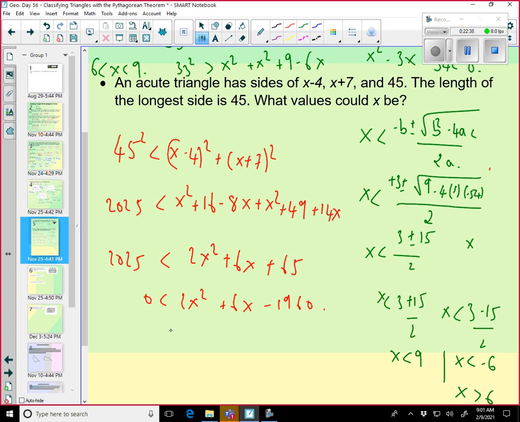Dividing by 2, I will have 0 less than x square plus 3x, and 1960 divided by 2 is nothing but 980. Okay. Same way, you can further simplify and get the range of the values of x.